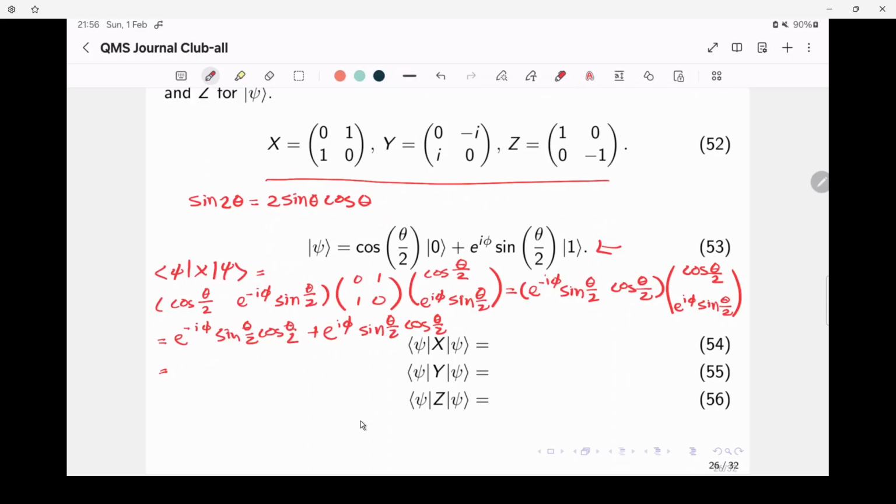So you can factor out sine theta. Let's write in terms of that. So I get sine theta multiplied with half, then inside you have e^{i phi} plus e^{-i phi}.